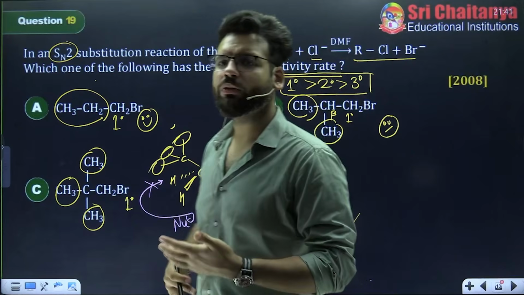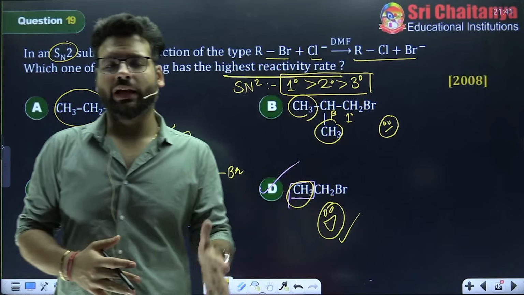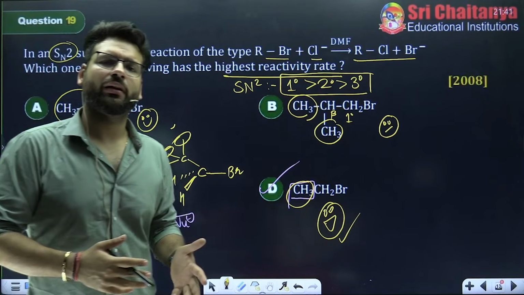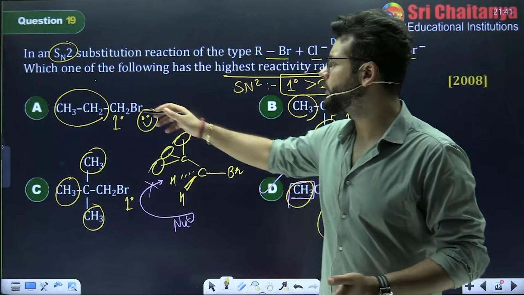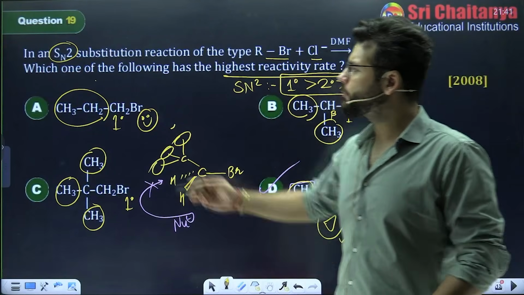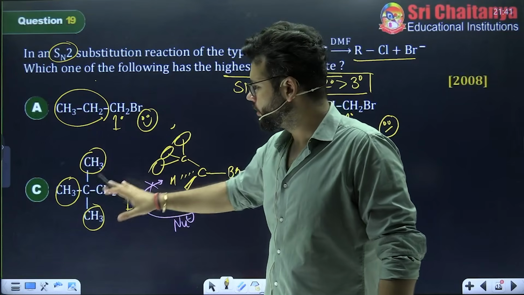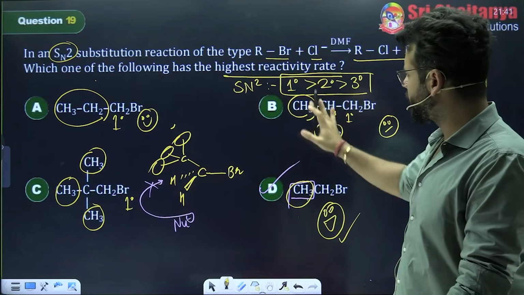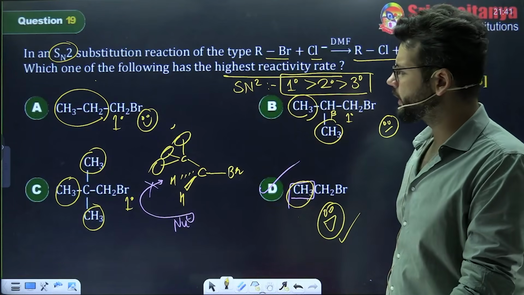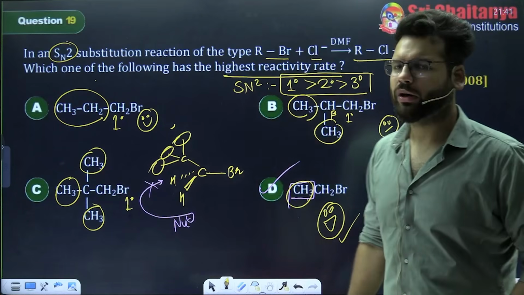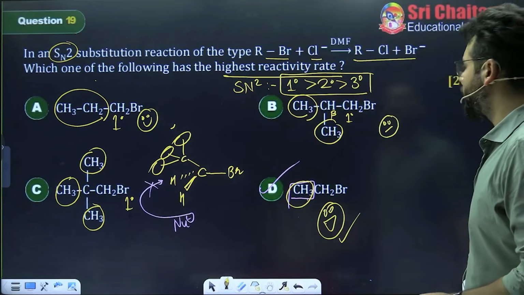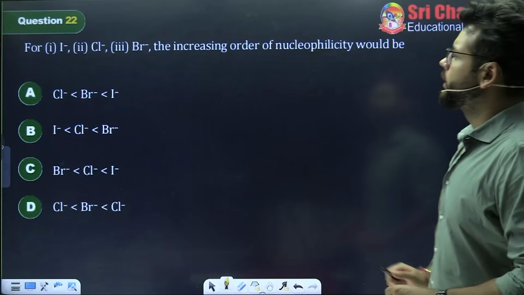So the best SN2 reactions are always going to be given by methyl bromide, then ethyl, because ethyl has some alkyl group, then propyl, then butyls, then isobutyls, and then tertiary butyls and neopentyls, they will have very, very poor reactivity. Okay. Moving on to the next one.